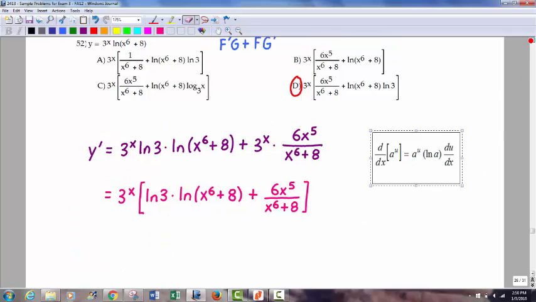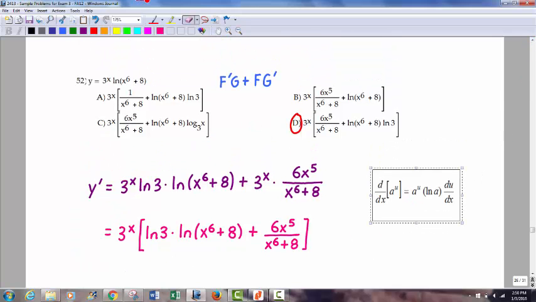Okay. So it's just 3 to the x ln of 3 times g, which is just ln of x to the 6 plus 8, so we won't do anything to that yet, plus the f, which is just 3 to the x.